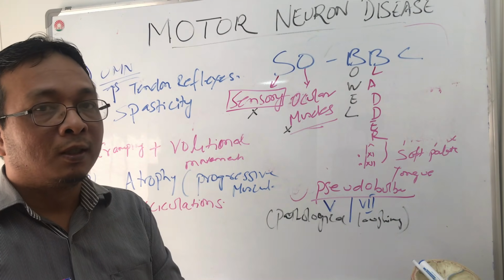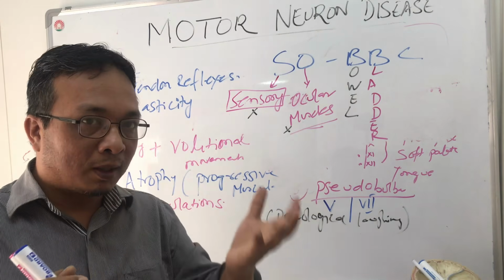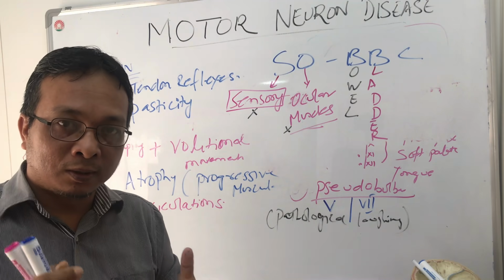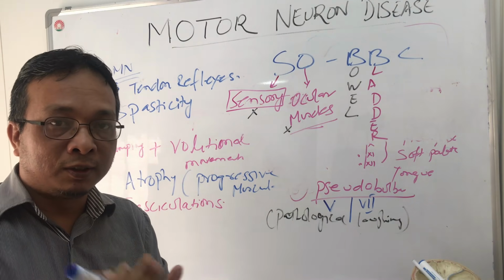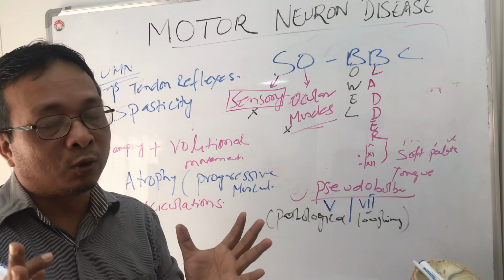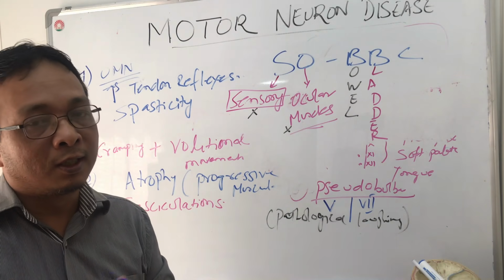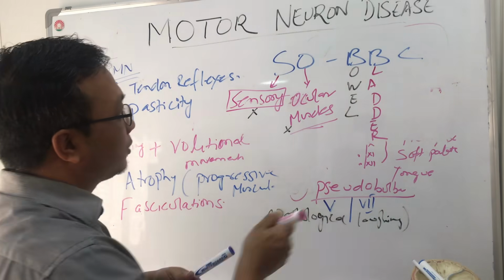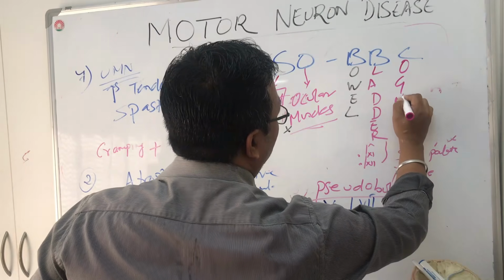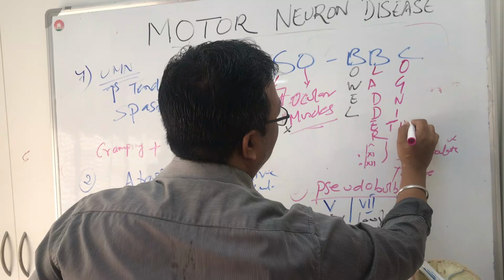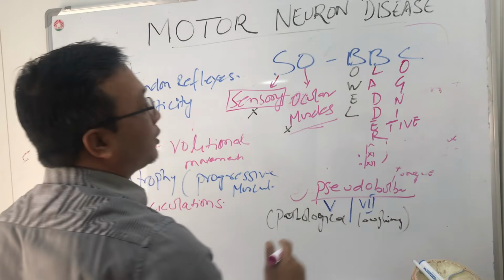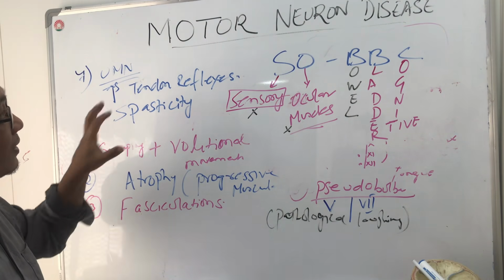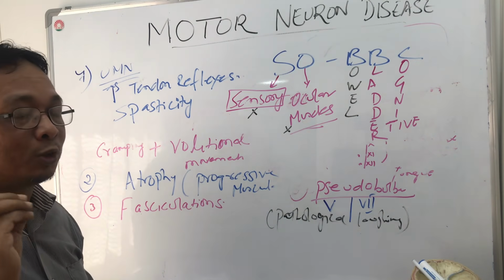Professor Stephen Hawking, the renowned physicist, was still doing conferences and seminars, and he was still teaching because the cognitive part was not affected. So these are the things that are very important in motor neuron disease.